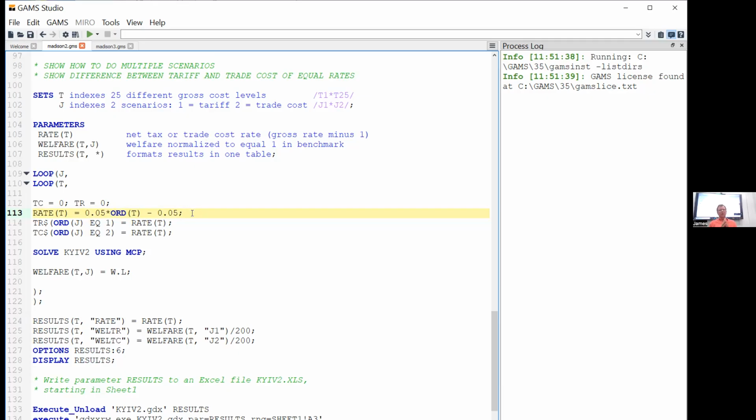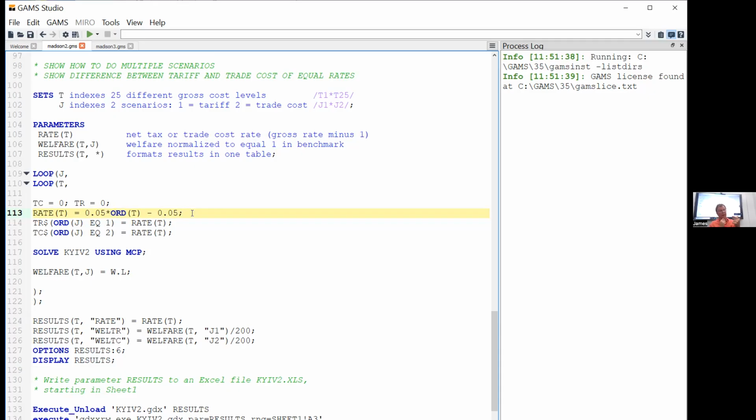But you can convert the ordering of the set, the ordinal of the set, into an actual number with this command ord of t. So for the first element of set t, ord of t is the number 1, and you can add, subtract, multiply, and divide by it. And this is the way I always tend to do it because it's fairly simple. So ord t is just going to iterate up through all levels of this trade cost or tariff.